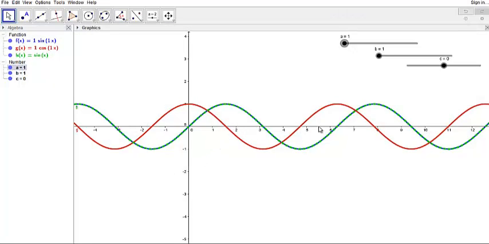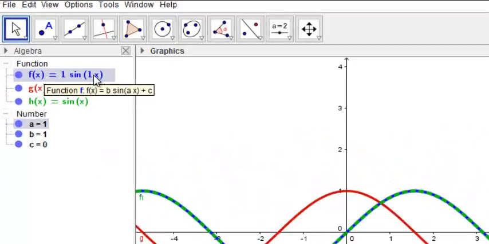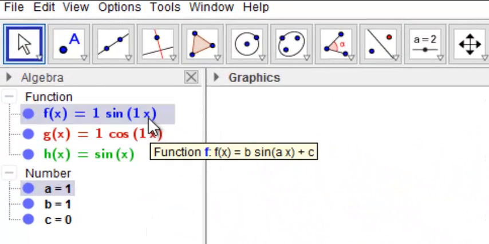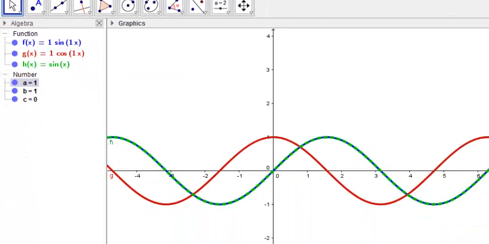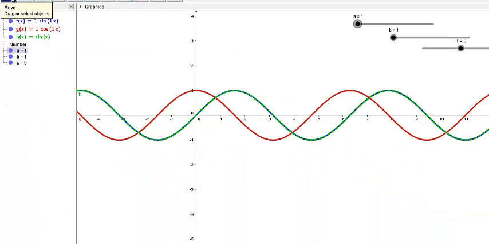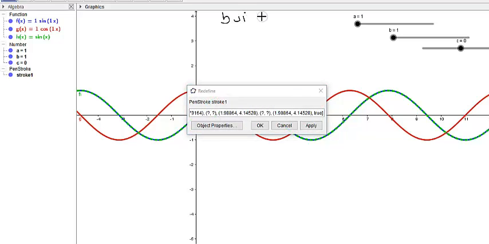Here I have a sine x, a sine ax plus c, or b sine ax plus c, as you see from the text. I'm going to explain what is the function of a, b and c, how it works.